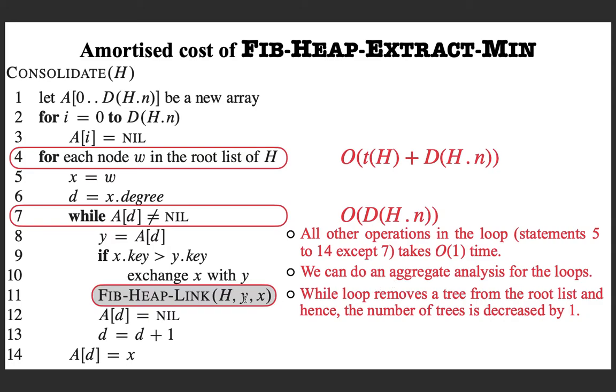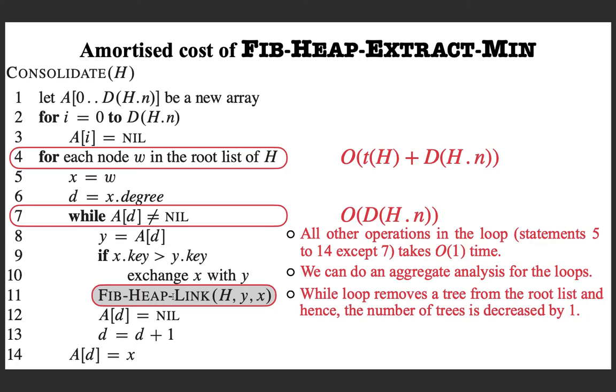Note that the Fibonacci heap link procedure, which is a sub procedure, actually removes a tree y from the root list and adds it as a subtree for x. So every time you execute the while loop, the number of trees is decreased by 1.